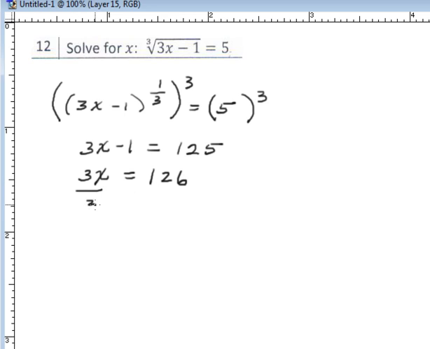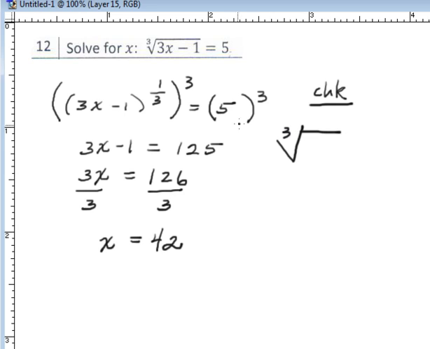And we'll divide by 3, and x is equal to 42. Okay, and we should check this. And we'll see that this does check. Here we have the cube root of 3 times 42 minus 1.